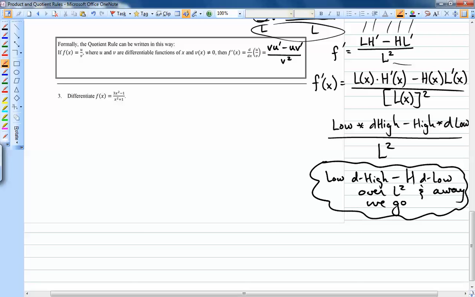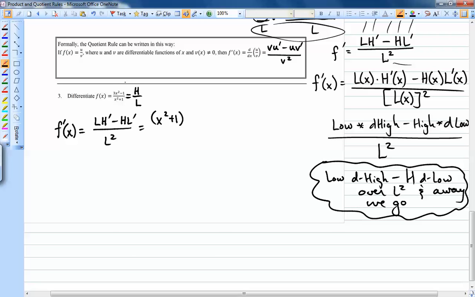Okay, so let's do an example here. I'm going to stick with highs and lows. So the top is a high and the bottom is a low, and I need the derivative. And I know the derivative is going to be low, derivative of the high, minus high, d low, over low squared, and away we go. So the low is x squared plus 1.